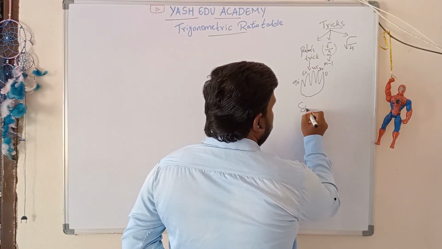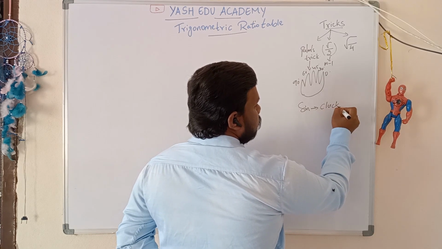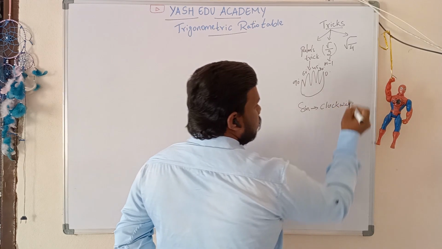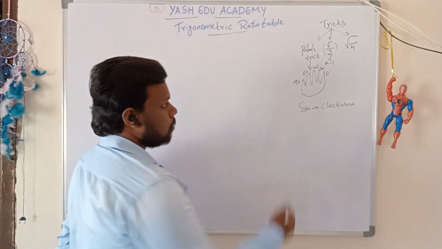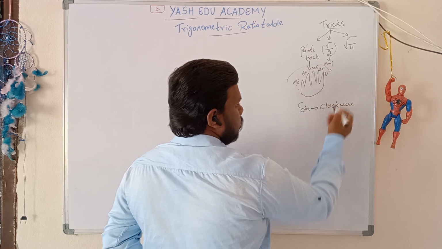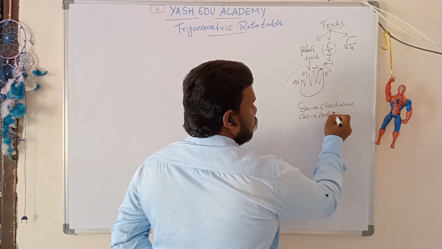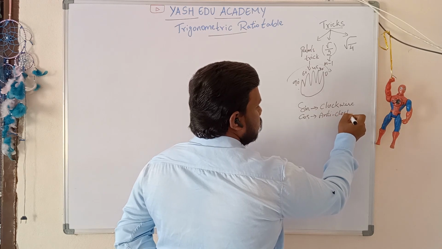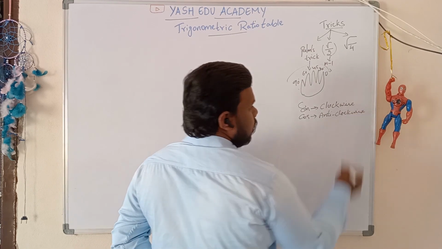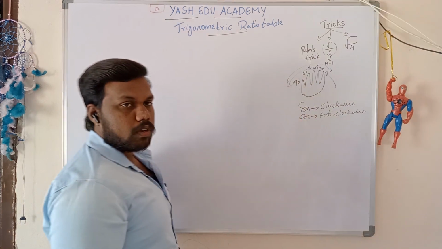For sine theta, you should count in the clockwise direction, from left to right. For cos theta, we need to consider the anti-clockwise direction, which is the reverse of clockwise.